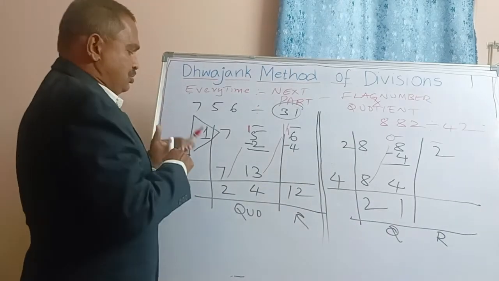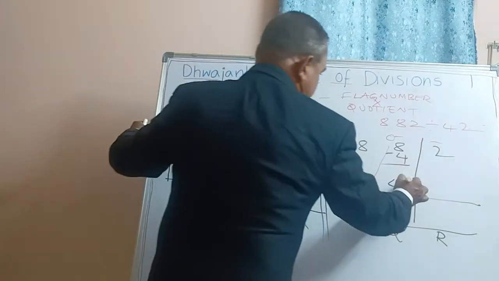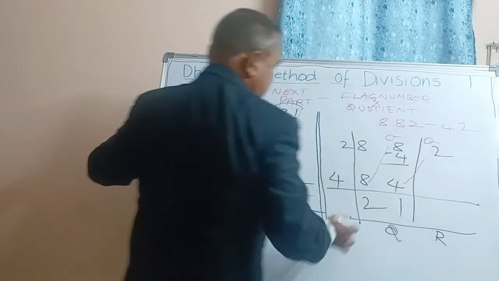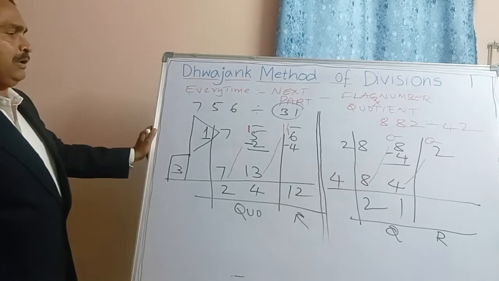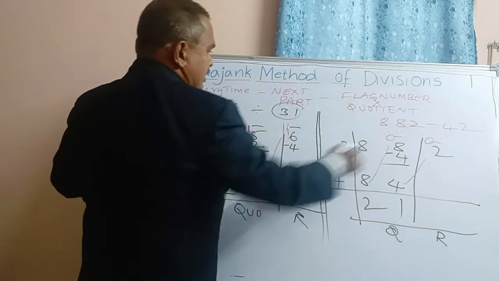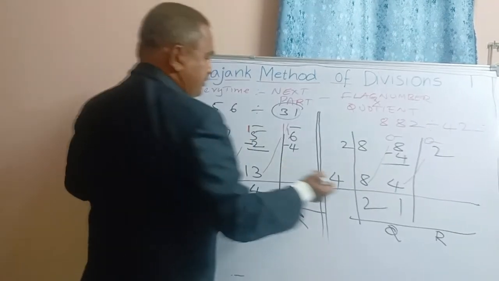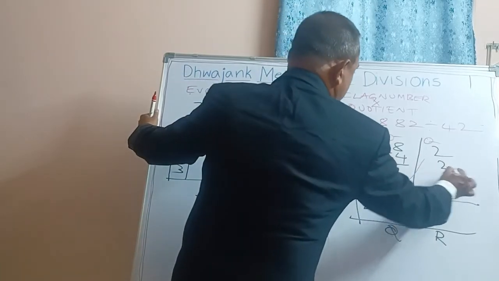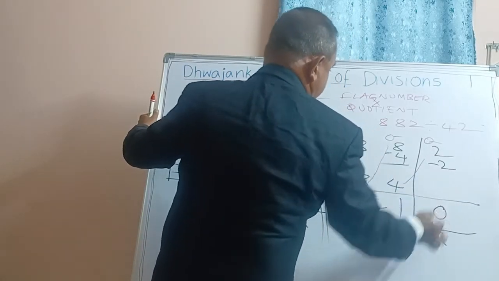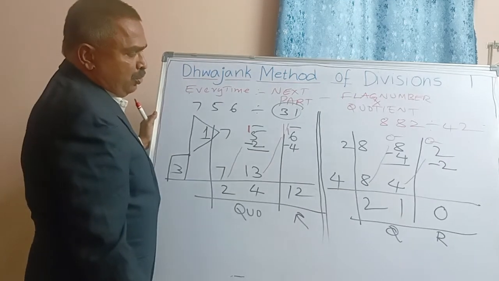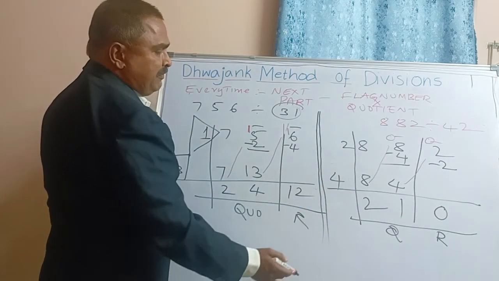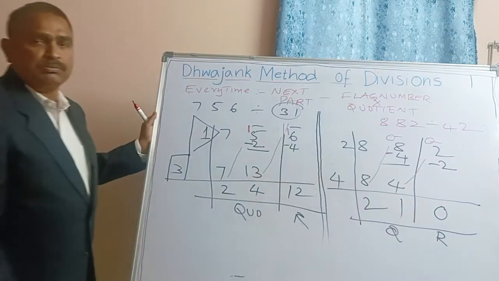Remainder is 0. Keep the remainder here. Again we got a quotient. Again multiply with Dwajank or flag number and subtract from next part. 1 into 2, 2. 2 minus 2, 0. 882 divided by 42, the quotient is 21, remainder is 0.